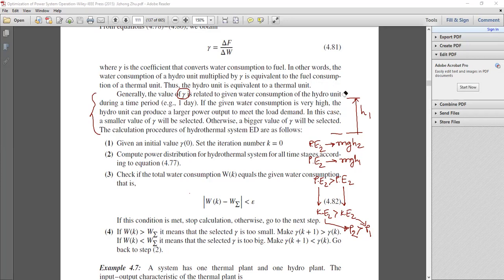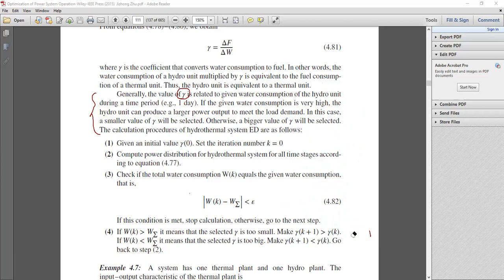So in this paragraph they are giving a short note on how to go about the updating process of gamma, for any specific value of gamma, that is the conversion factor. This converts your water consumption into corresponding fuel consumption.